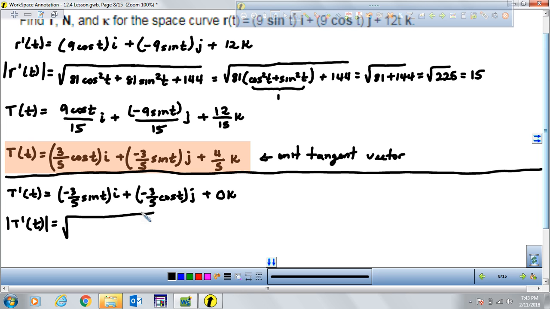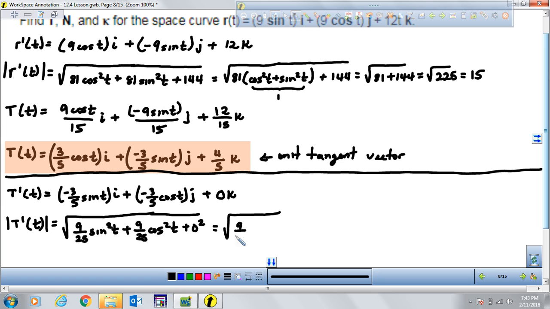Square root of: square this component, 3/5 squared is going to be 9 over 25 sine square of t, plus square this component, it would be 9 over 25 cosine square of t, and then square the k component, that would be plus 0 squared, which is 0. So we're left with just the sine square and cosine square.